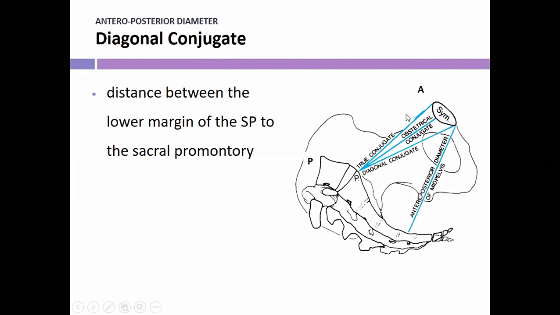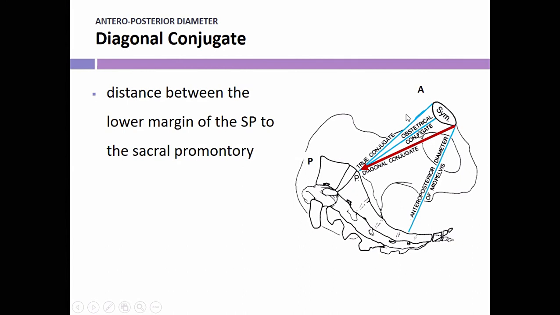this structure. So the third conjugate of the anteroposterior diameter of the pelvic inlet is the diagonal conjugate. This is the distance from the lower margin of the symphysis pubis to the sacral promontory.